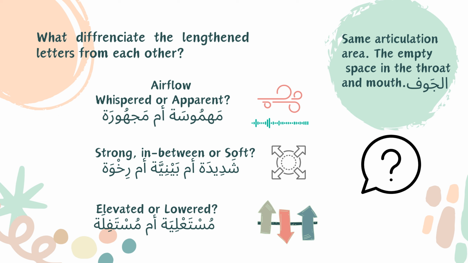Now let us have a try here. First, are the lengthened letters huruf majhura? Are they apparent or are they whispered? And remember how we did this? Try to put your fingers on the throat as we did before and observe. Let's pronounce them and see.